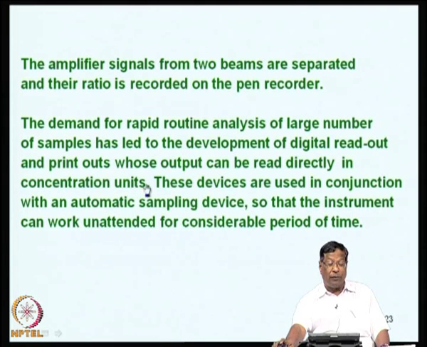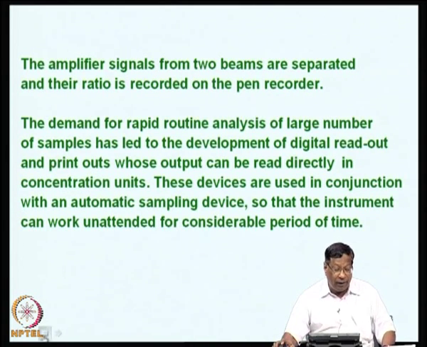The scientist can read any of the information from the data, but an operator can read more conveniently direct results, that is concentration units. Such devices are used in conjunction with an automated sampling device, so that the instrument can work unattended for a considerable period of time.